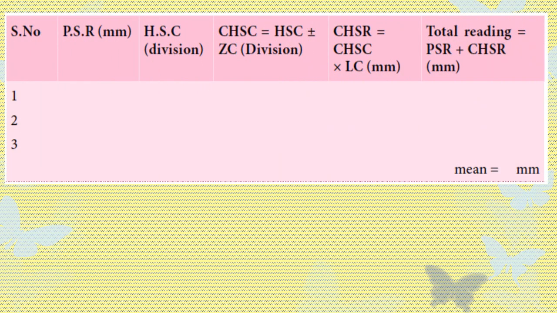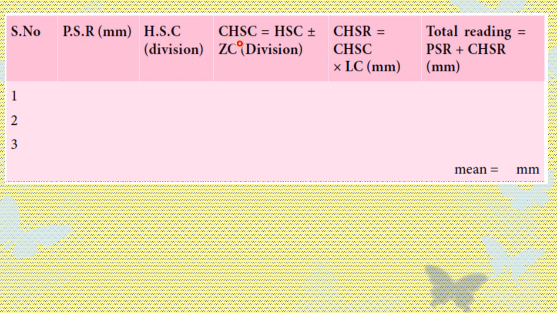Here the tabulation is there. First one, the serial number. We have to take 3 positions to calculate the thickness of the coin, and PSR, pitch scale reading, in millimeter, and head scale correction in divisions.